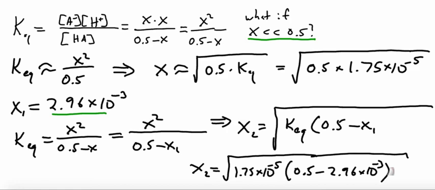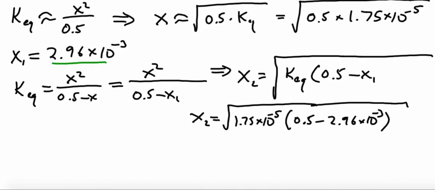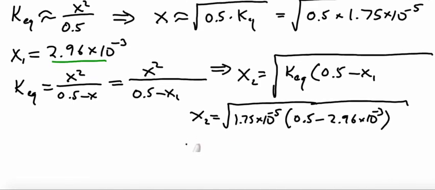All right, and what does that come out to be? x2 is equal to 2.95 times 10 to the negative 3.